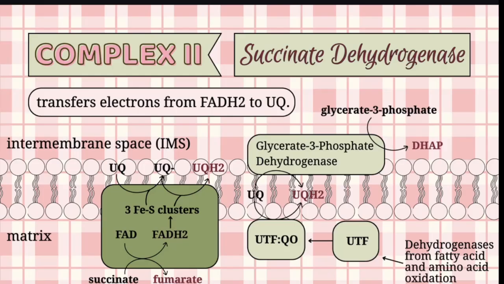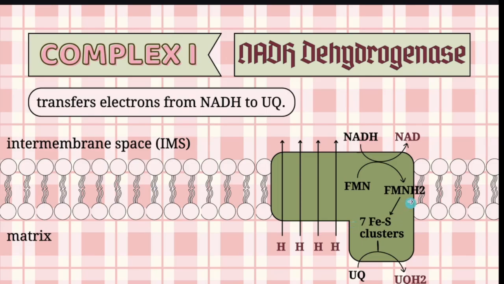Basically, in complex 1, even though FMNH2 donates the electrons one at a time to the iron-sulfur clusters, they both are donated simultaneously to ubiquinone after they go through all the iron-sulfur clusters.